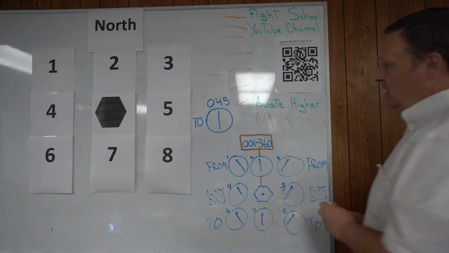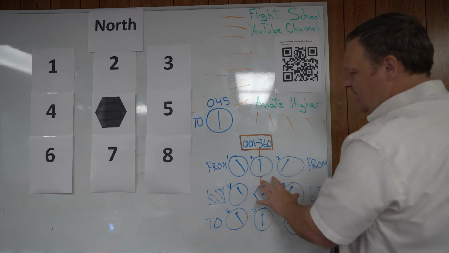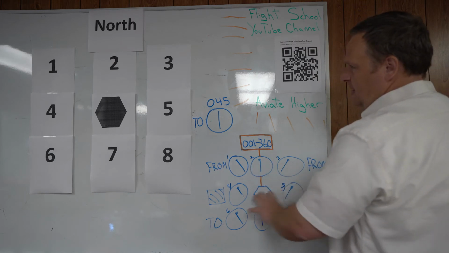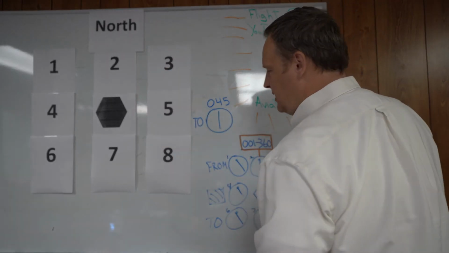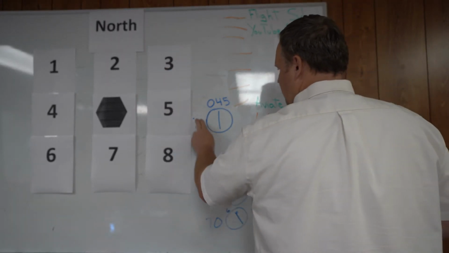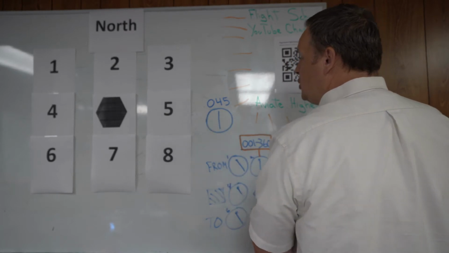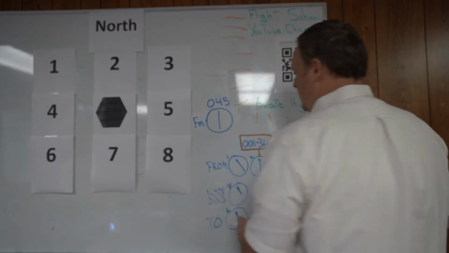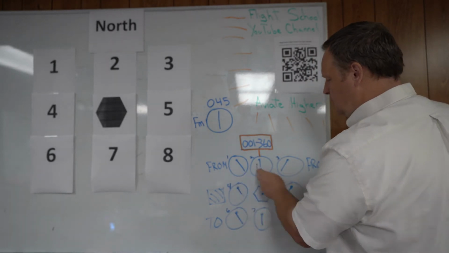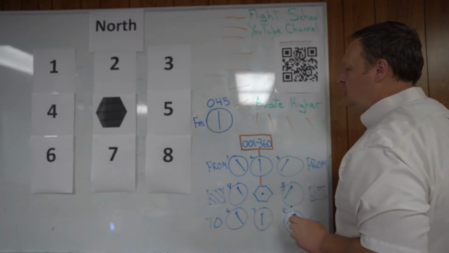Stick with me. Remember, this does not represent north up. Our map over here represents north up with respect to whatever Navaid is dialed in. Now we're going to change it. Instead of 045 to, we're going to go 045 from. Once again, from on our cheat sheet, 1, 2, 3, center needle, number 2.